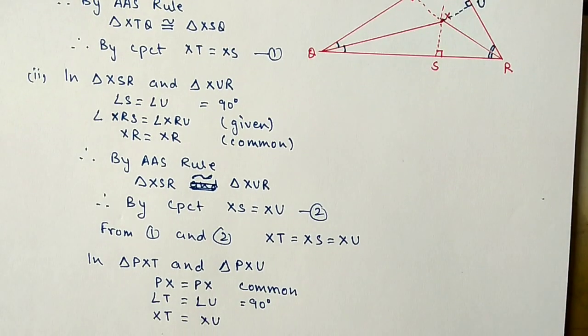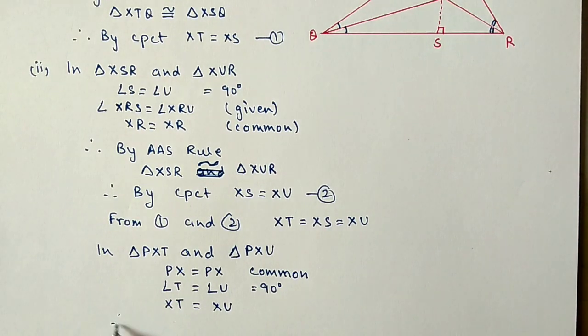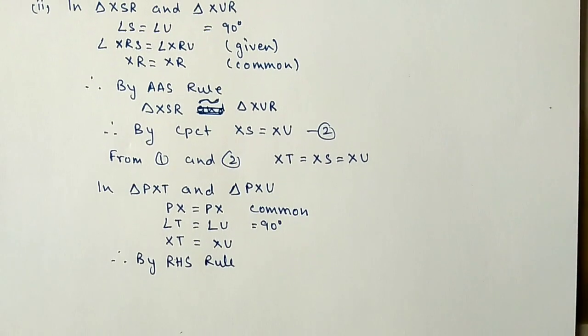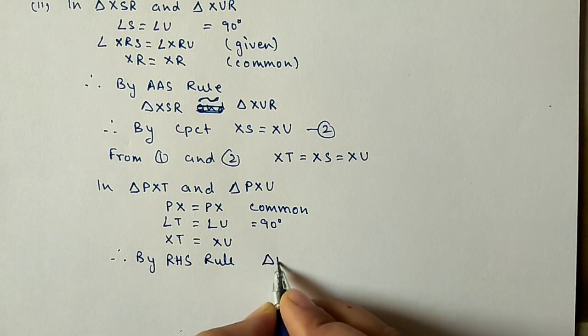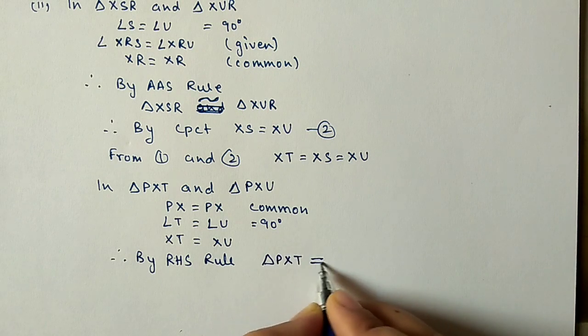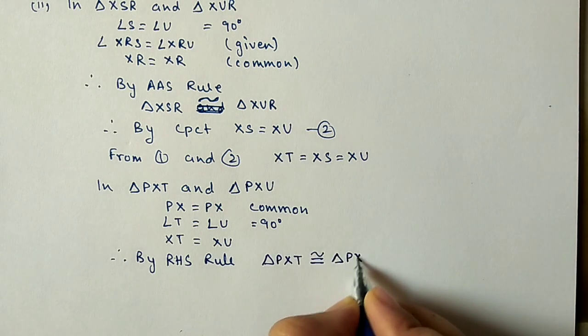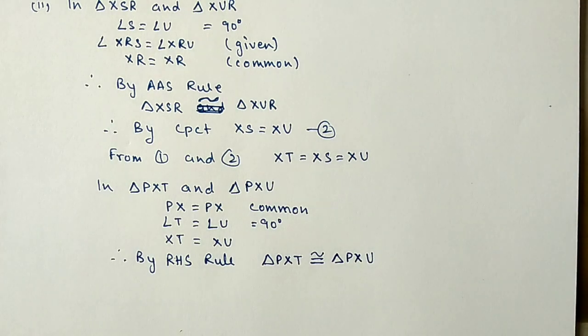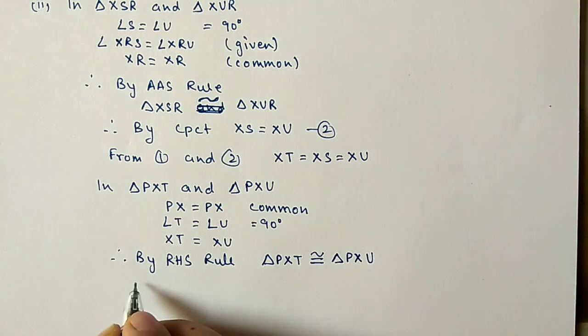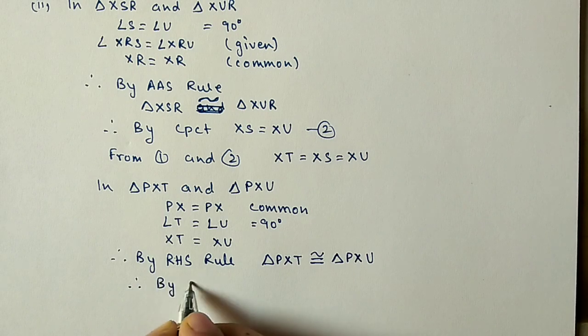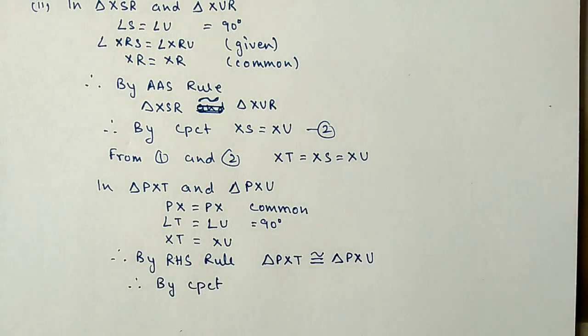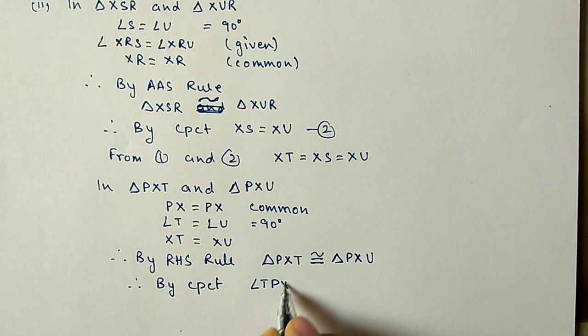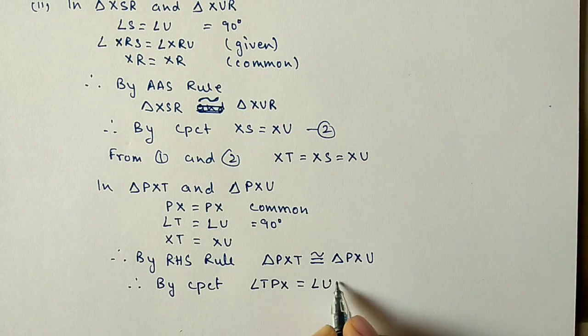So therefore by RHS rule, triangle PXT is congruent to triangle PXU, and because these two triangles are congruent to each other, so by CPCT we can say rest corresponding parts also will be equal, or we can say angle TPX is equal to angle UPX.